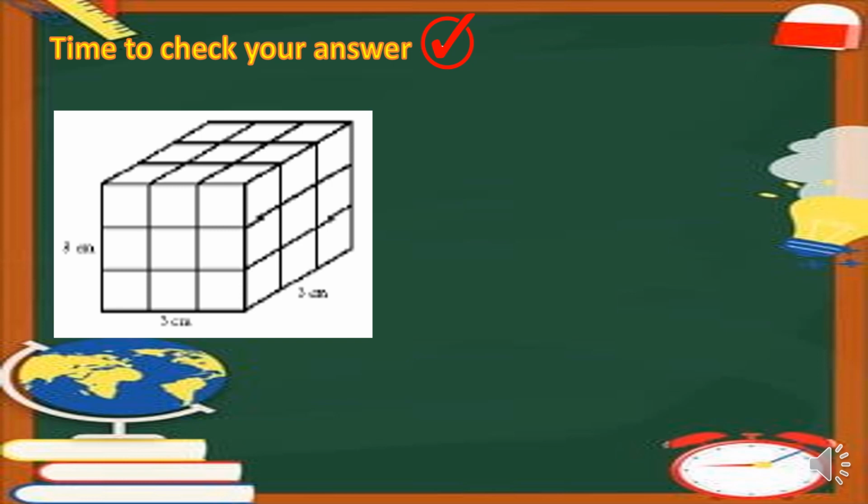So let's move on to the fourth rectangular prism. This is an example of a cube. That means pare-parehas yung kanilang sides. So the formula that we are going to use is S times S times S. Okay, but ilan kaya yung sides, each side of this cube? So we have 1, 2, and then 3.